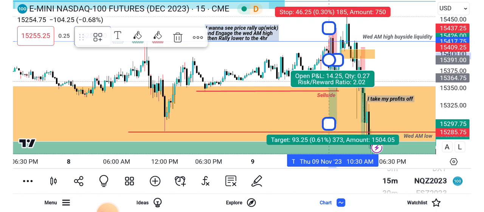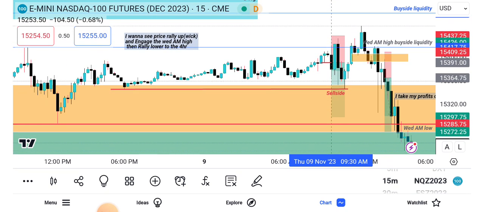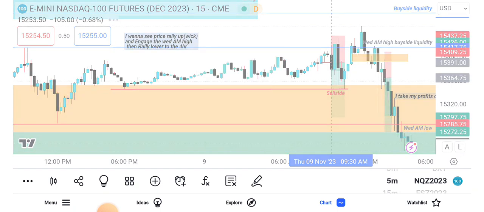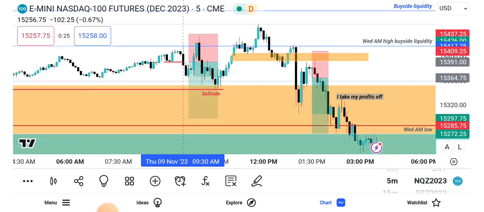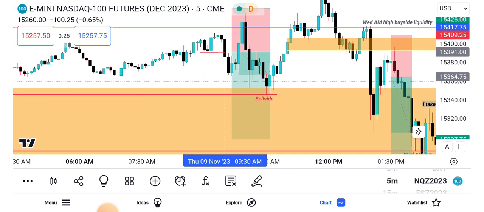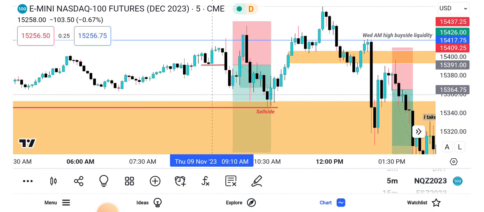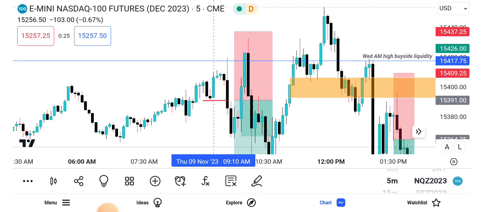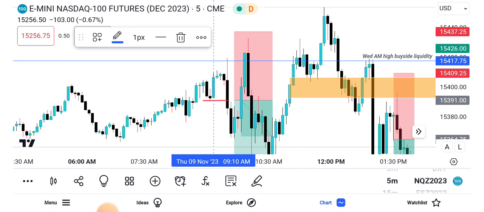So at 9:30 we can see what happened there. Let's go to the 5 minutes and I'll tell you how I entered my trade. Around 9:30, let me clear these. You can see this AM buy side liquidity was engaged.